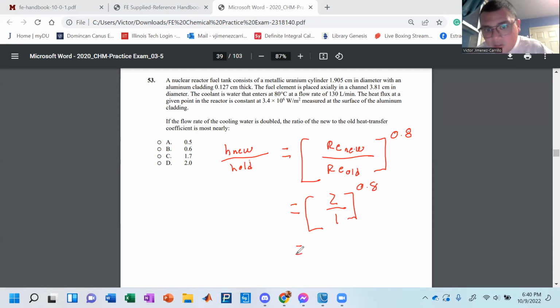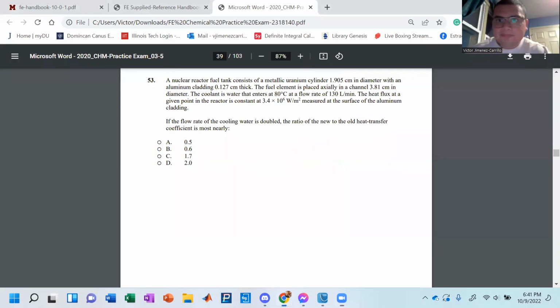Once you plug and chug, this is equal to 1.7. So then it's answering the question immediately. If the flow rate of the cooling water is doubled, the ratio between the old and the new heat transfer coefficient is just 1.7. Boom. But that's an equation that you have to know and remember, and go into the reference manual if you don't see it, you know? Okay.